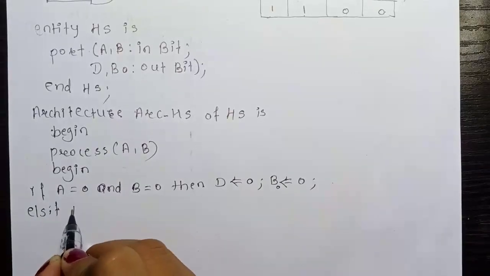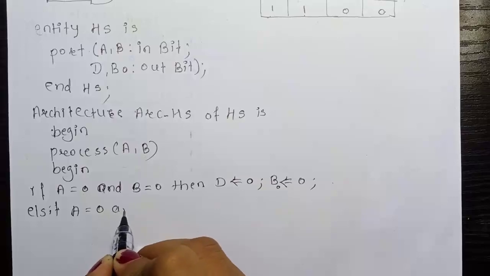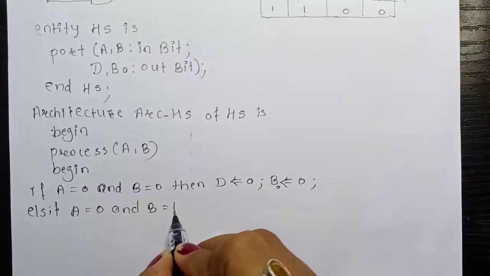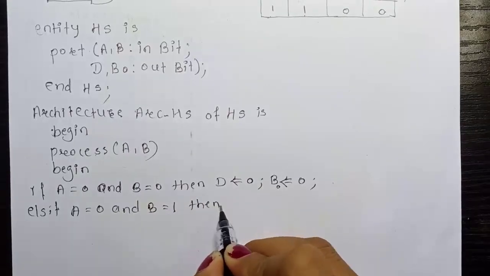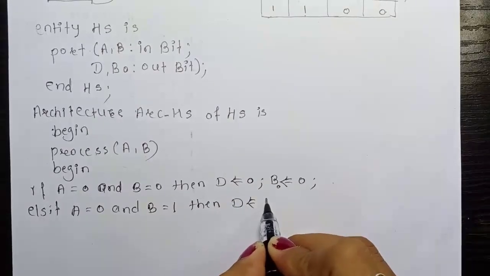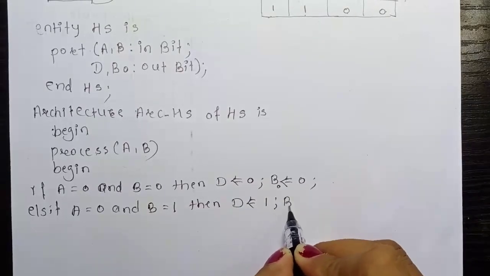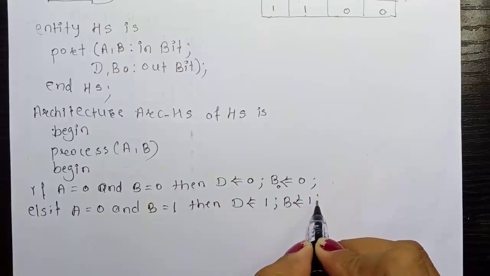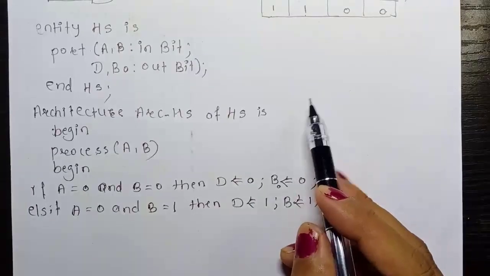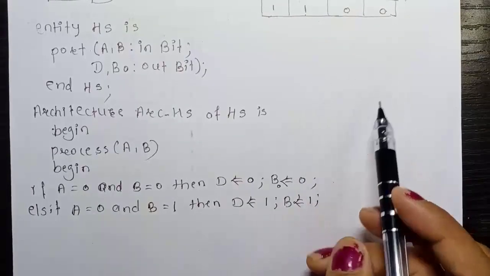Else if A is 0 and B is 1, then my difference is assigned to 1 and my borrow is again assigned to 1, because 0 minus 1 is 1 with borrow 1.